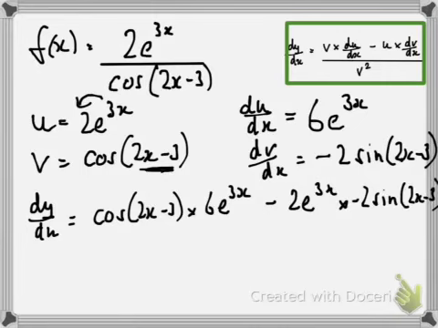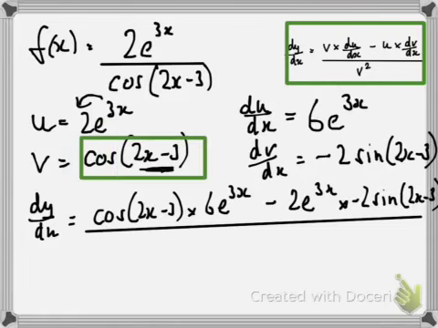Squeeze it in there. All over v squared, and that's going to be the square of that. Remember our terminology for that is cos squared 2x minus 3. Alright, we'll move on from there.